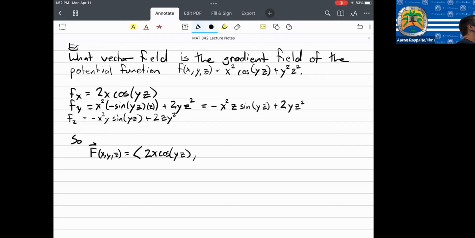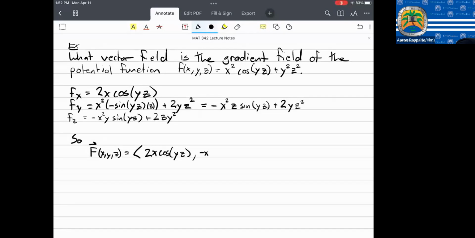And then I have how I travel in the y direction: negative x squared z sine of yz plus 2yz squared. Now I travel in the z direction. It's based on negative x squared y times sine of x times y plus 2z y squared. So that right there is my gradient field for this function f.